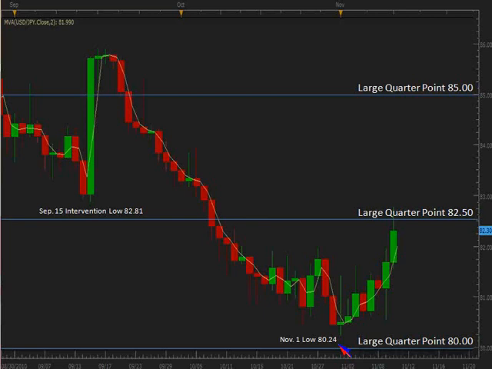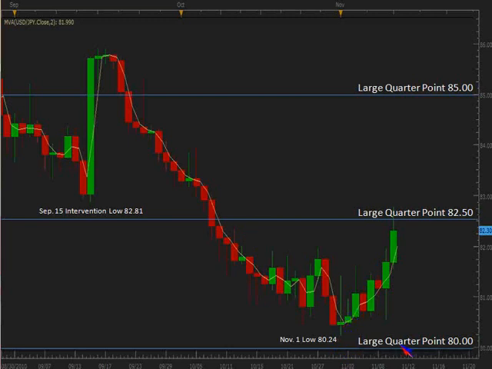So as long as they reach within the vicinity of one small quarter or 25 pips from a targeted large quarter point, then we consider that large quarter as completed. So as long as prices reached on November 1st a low of 80.24 or 80.23 within 25 pips from the targeted large quarter point at 80 yen, we consider that large quarter as successfully completed.